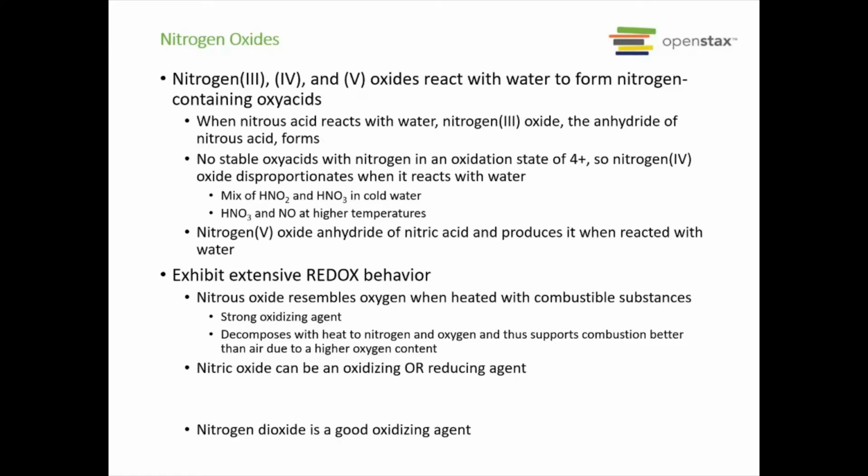So this nitrogen 4 oxide is going to disproportionate the second you put it into water, and if you're in cold water, it disproportionates into a mixture of HNO2 and HNO3. But at higher temperatures, it will disproportionate into HNO3 and NO. Nitrogen 5 oxide is the anhydride of nitric acid, and when you put it in water, it's going to produce nitric acid.